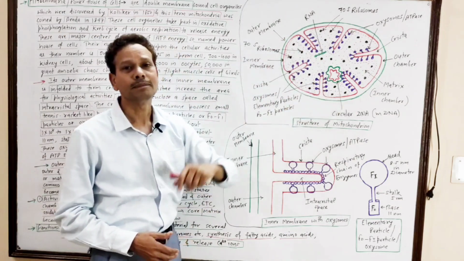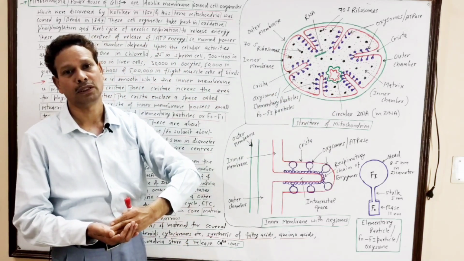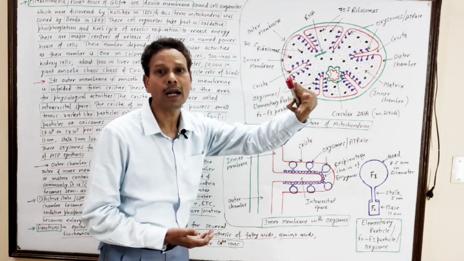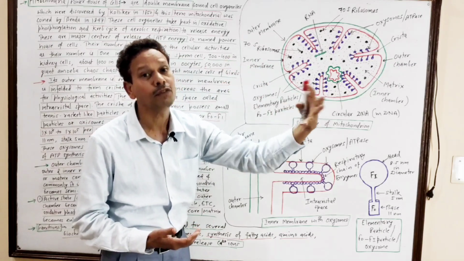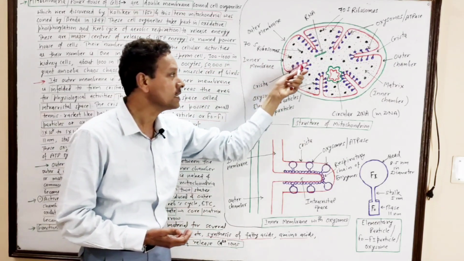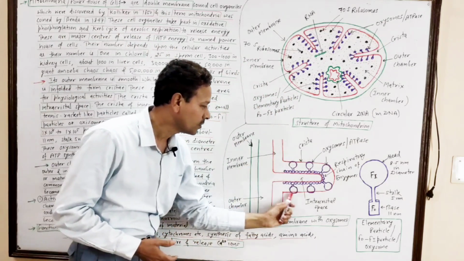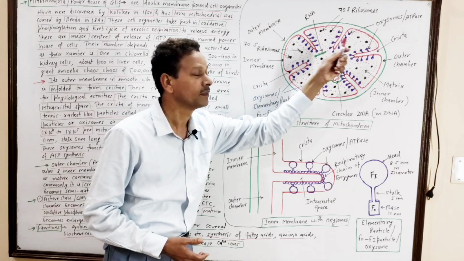Here in mitochondria, the outer membrane is smooth, but the inner membrane grows inwardly and shows infoldings, and these infoldings or finger-like projections are named cristae.